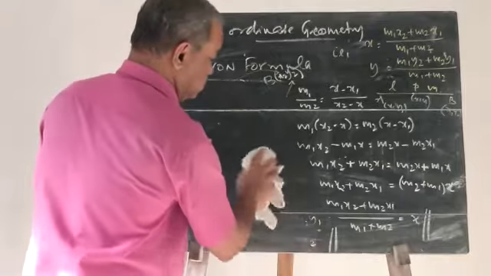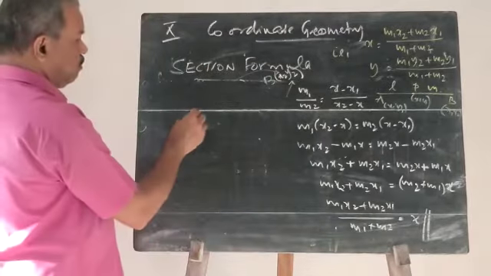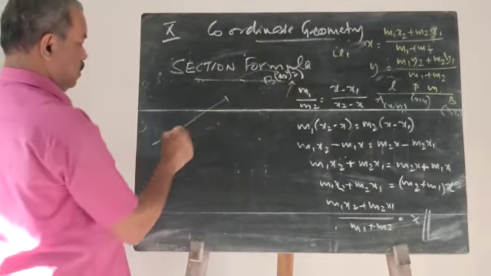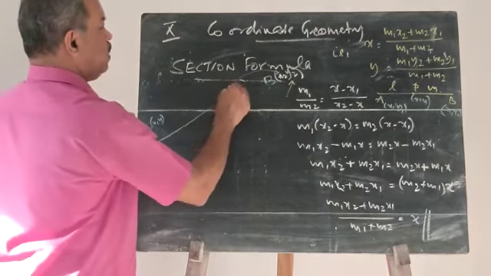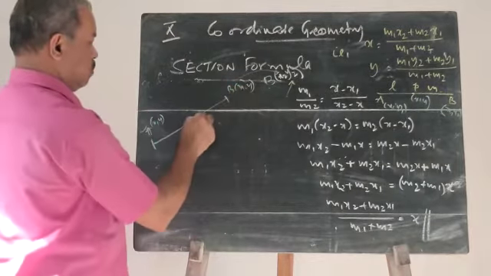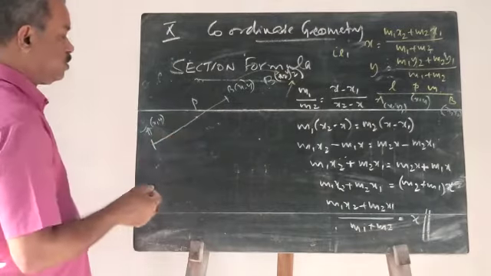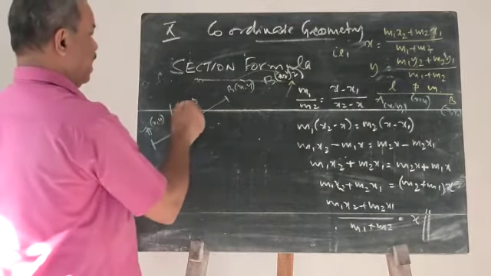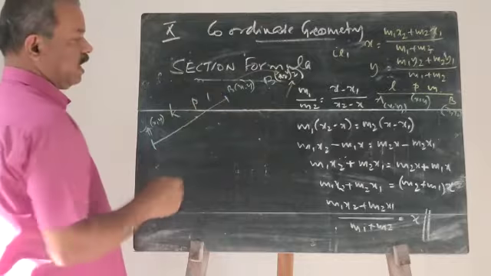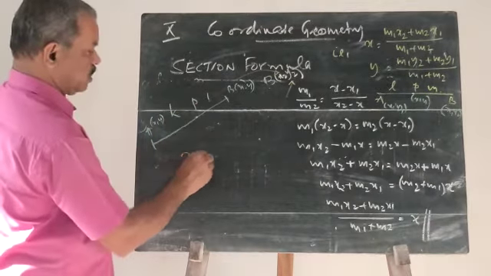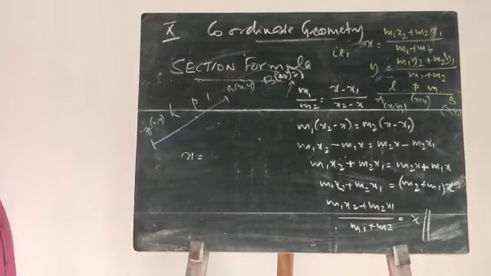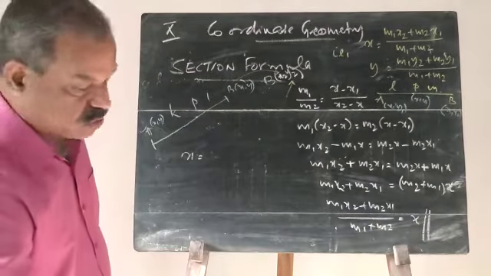Another example. Suppose the given line AB is A (x1, y1), B (x2, y2), and P divides it in the ratio k is to 1. How will you calculate the x coordinate?